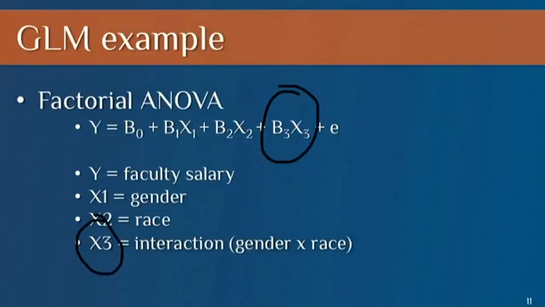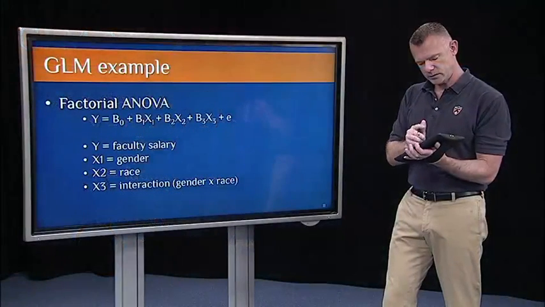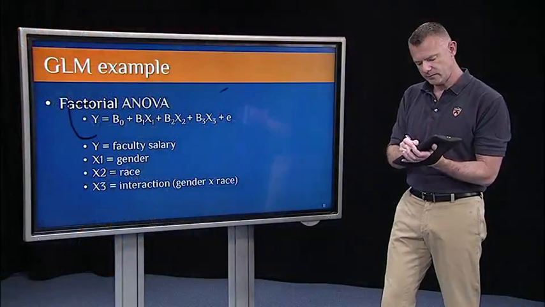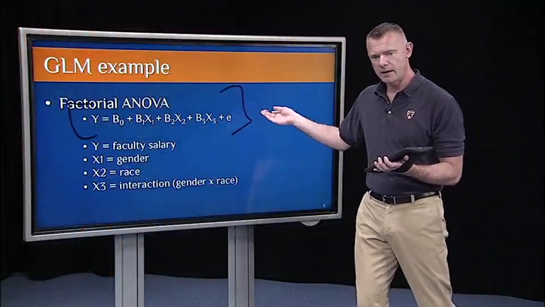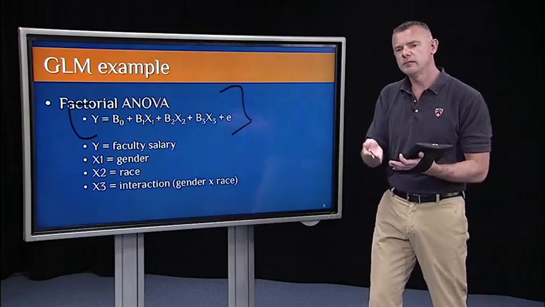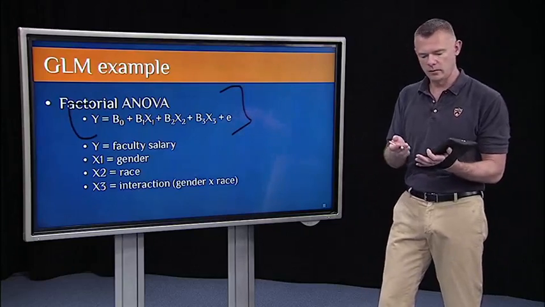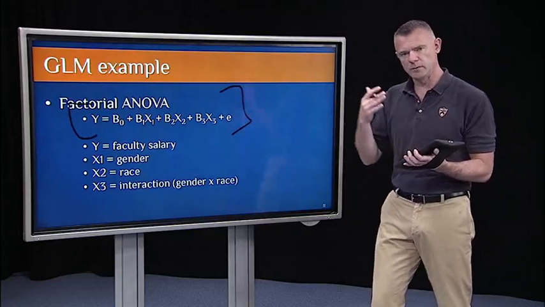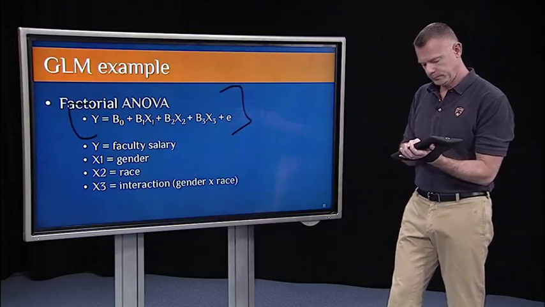And does that interaction effect predict faculty salary? Again, notice the GLM itself is linear and additive, and it's just handling categorical predictors here, and that's why it's an ANOVA, and it's a factorial ANOVA because we have multiple predictors.